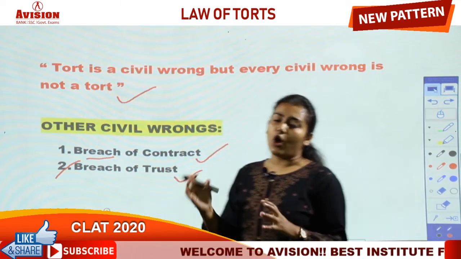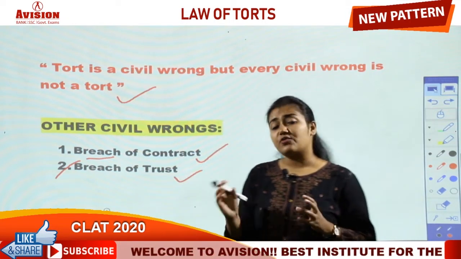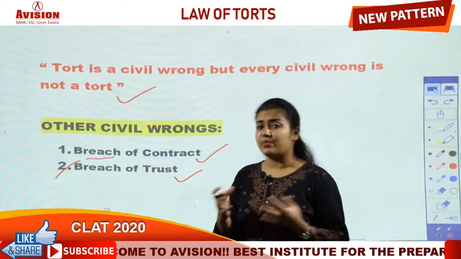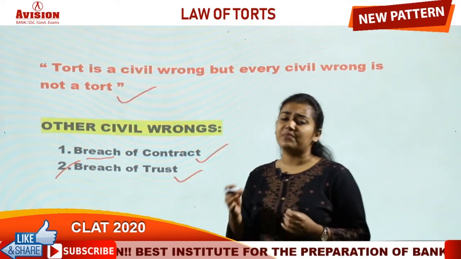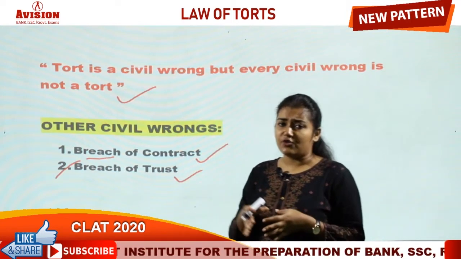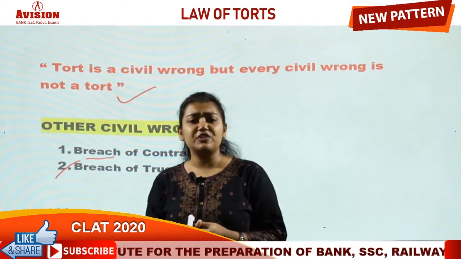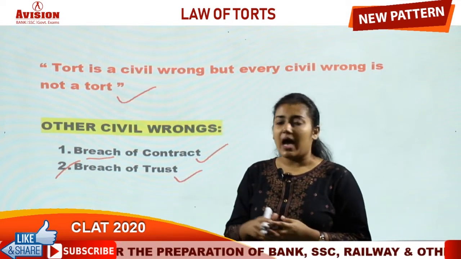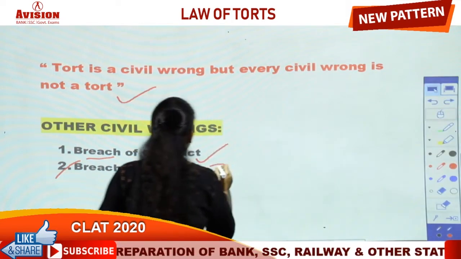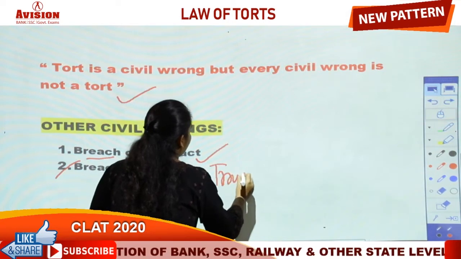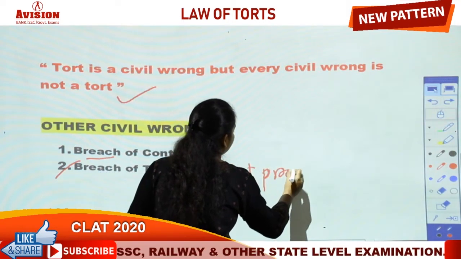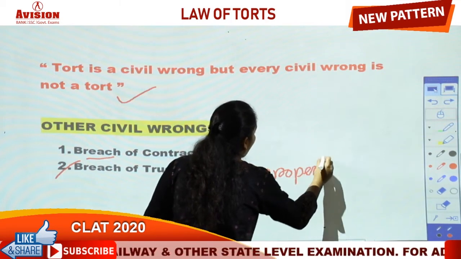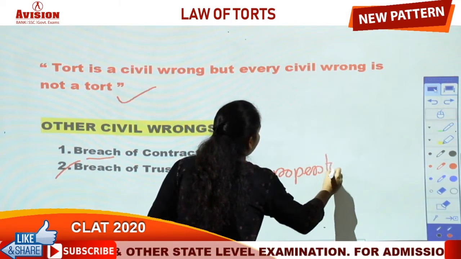This is a trust contract between the trustee and the beneficiaries. If a trustee breaks the contract, then the beneficiary can claim compensation. How much compensation will the trustee have to pay?